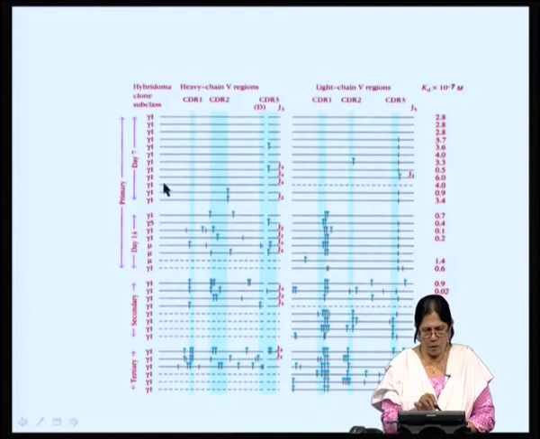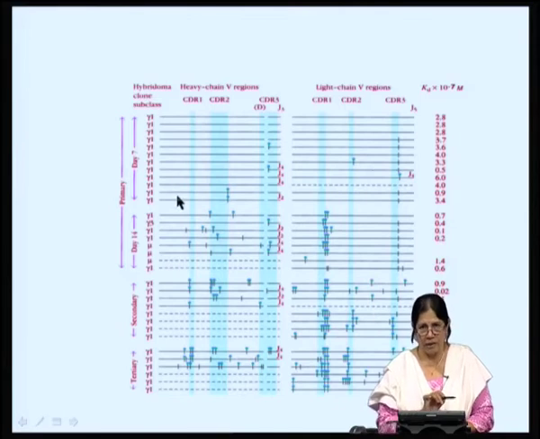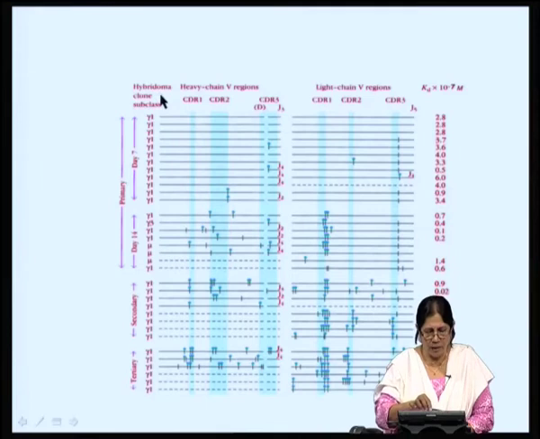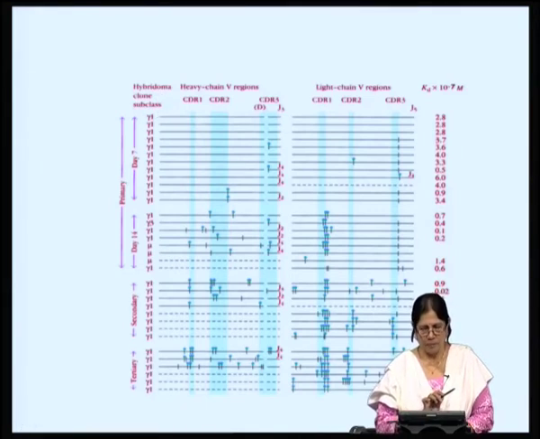So, you can see almost no mutations in the heavy and light chain in the first 7 days after immunization. Remember, the mice were immunized on day 1, and 7 days later hybridoma were established.